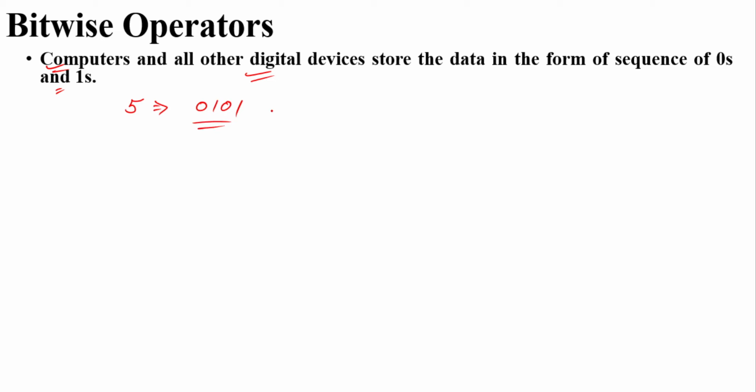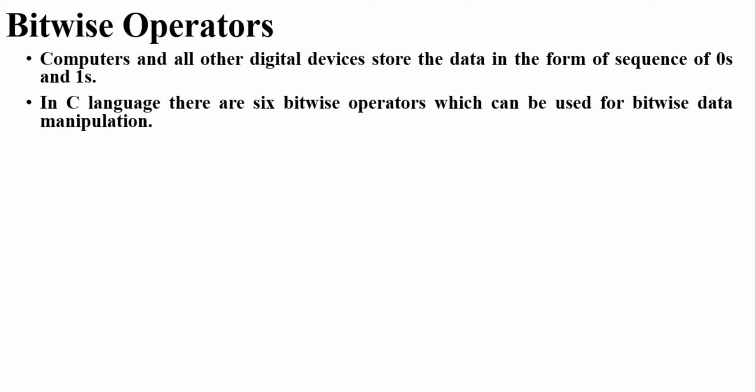This is the hexadecimal form of decimal 5. In the same way, all the numbers, characters, floating points, all these variables are stored in the sequence of zeros and ones. So these are all called bits of the data. Zeros are bits, ones are bits. So all the variables are stored in the form of bits.